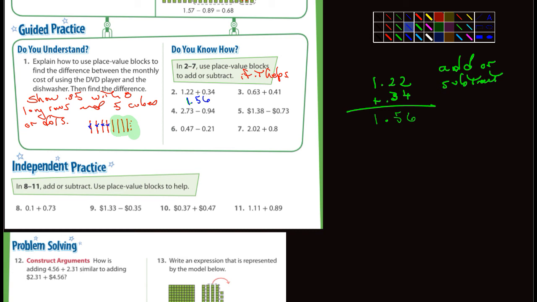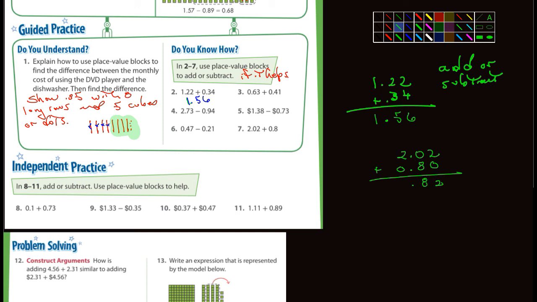Let's do another one here. Let me do number 7. It's 2.02, and I'm adding 0.8. I can put a 0 right there, it doesn't really matter, 0.80. Again, we're adding. 0 and 2 is 2. 0 and 8 is 8.